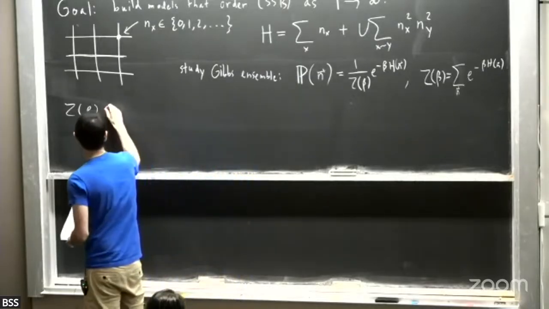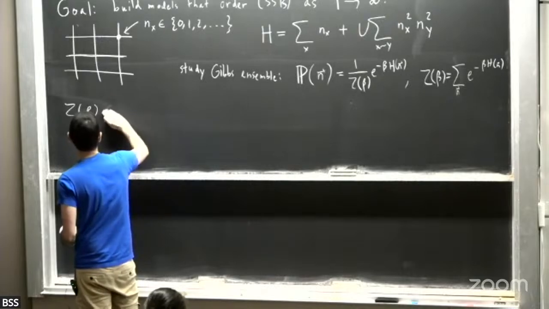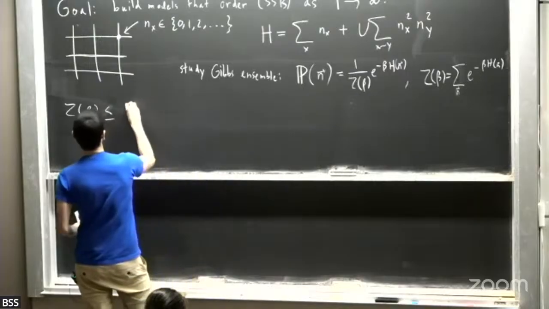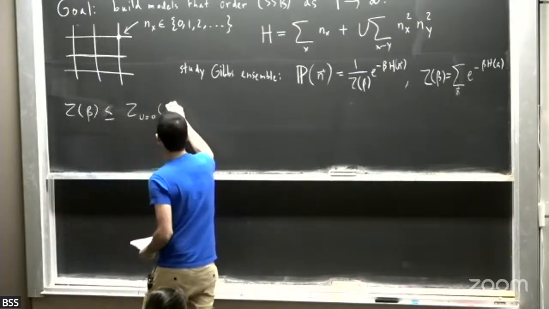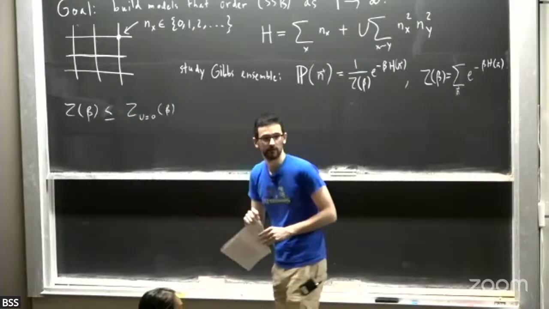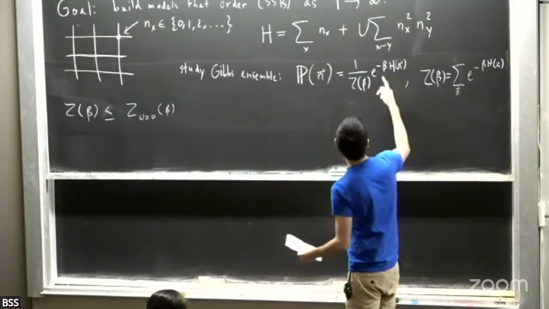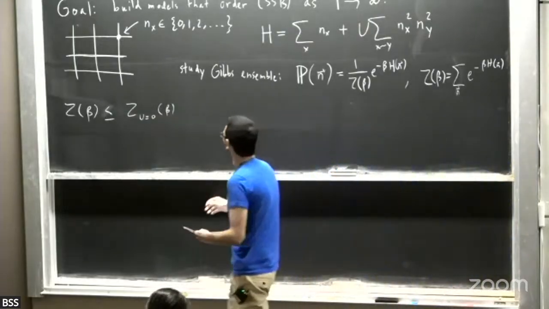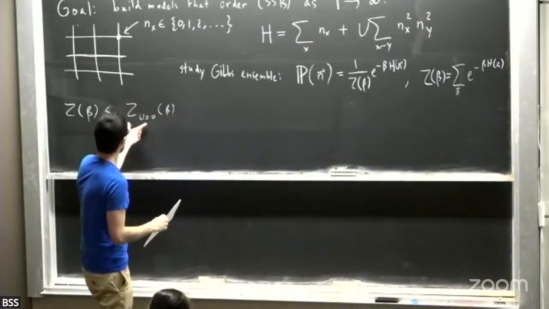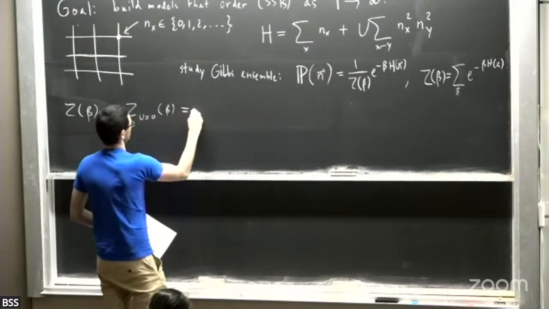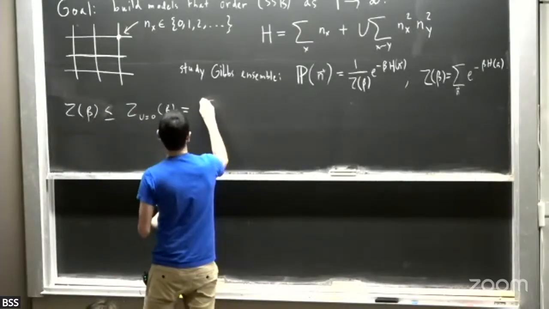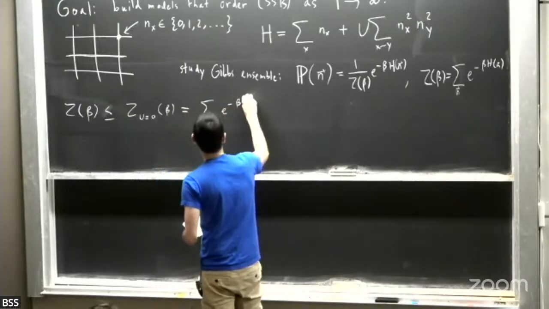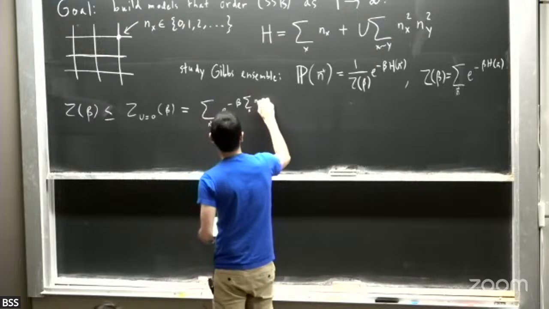So Z of beta, a simple way we can do this is to say that it's upper bounded by the partition function when u equals 0, because this term is strictly positive, so it can only raise the energy. So this is a simple way to get an upper bound on the partition function. And this partition function is just the sum over all of my integers of e to the minus beta times nx.